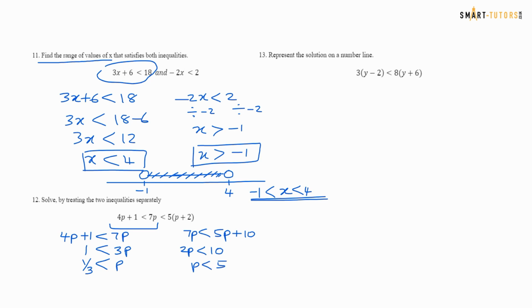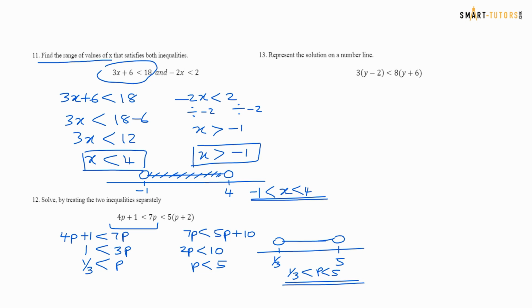So here the boundary is 1 upon 3, p is greater, 5 is here, p is less than 5. So the combined inequality is 1 upon 3 less than p less than 5, that is the final answer. You don't need to put the equal sign because there's no equal sign in the question.